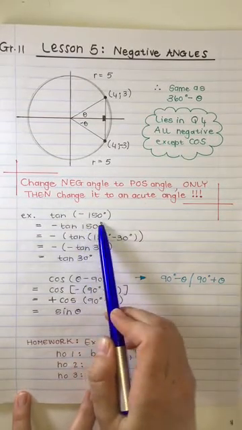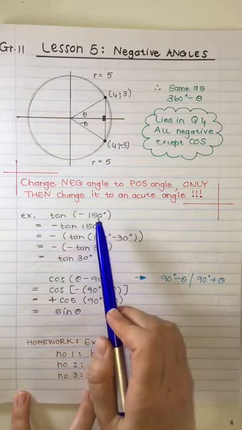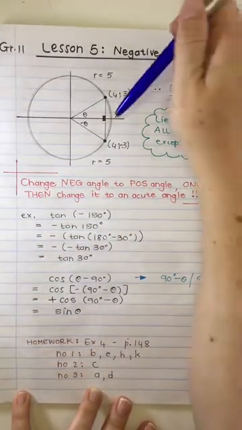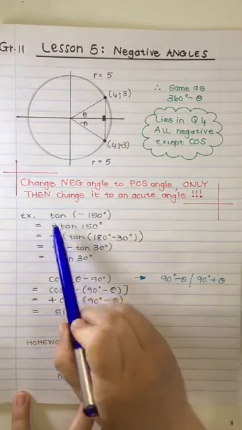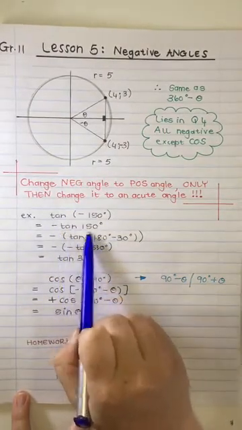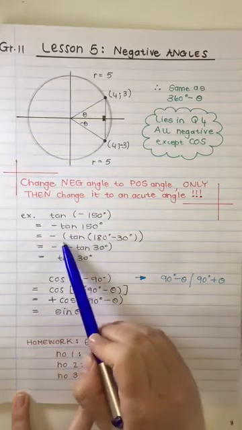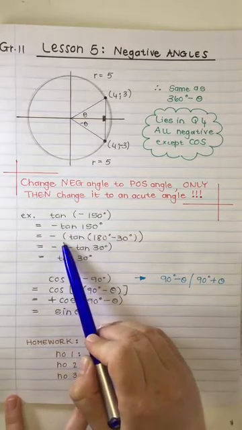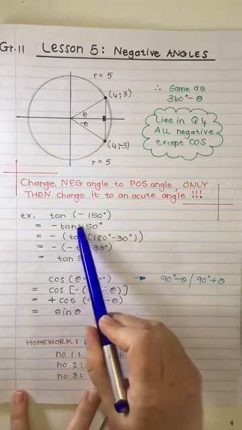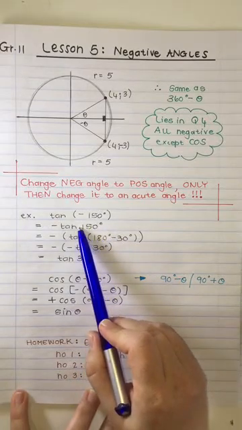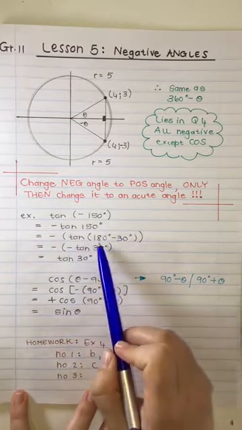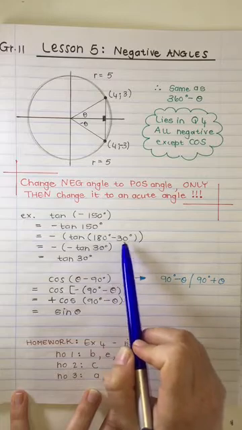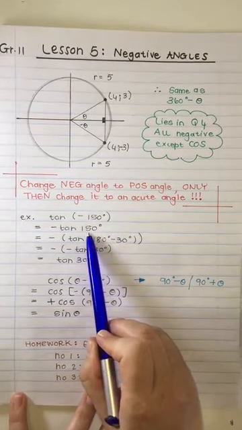Tan of negative 150 degrees. First of all, remember that when we work with negative angles, we work that way. So let's take the negative and put it in front, and then write the angle as a reduction formula. We're going to change it to 180 degrees minus 30. Why do I do that?